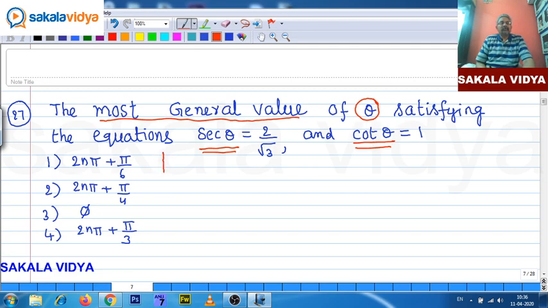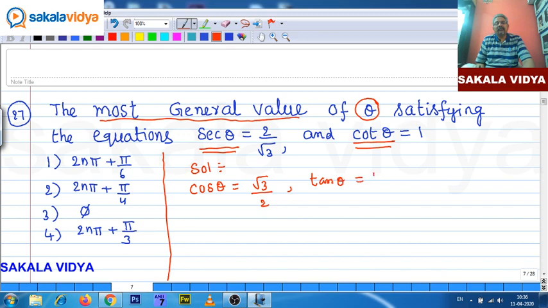Whenever we have sec theta, change it into cos. So we can write cos theta is equal to root 3 by 2, and cot theta can be changed to tan theta, so tan theta is equal to 1. Here theta is pi by 6, since cos 30 is root 3 by 2, and in the other case theta is equal to pi by 4.